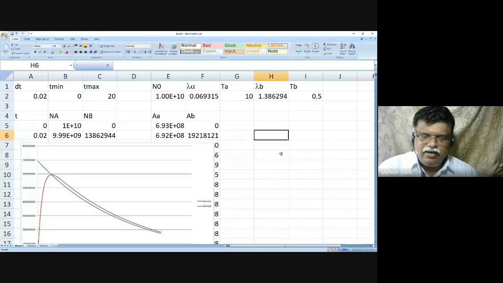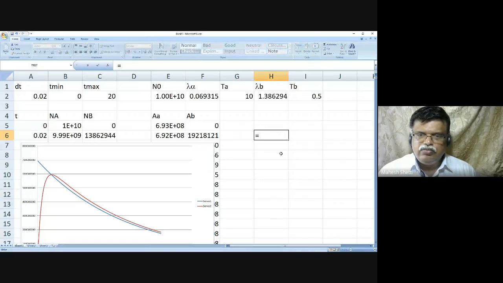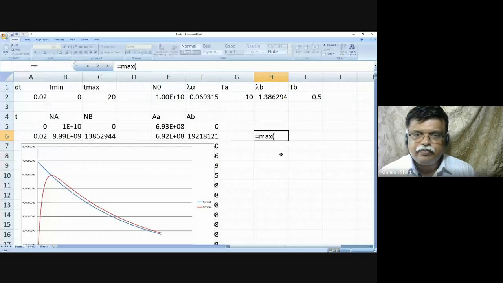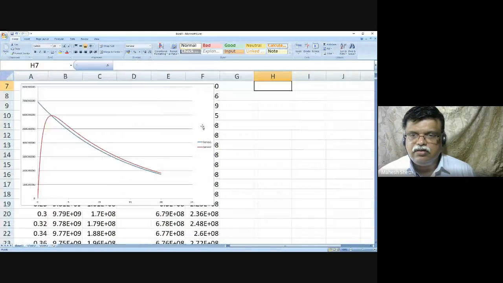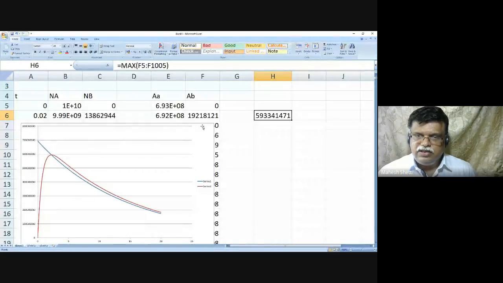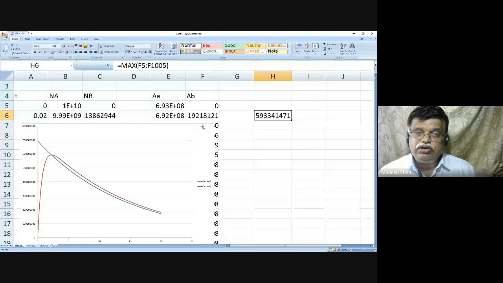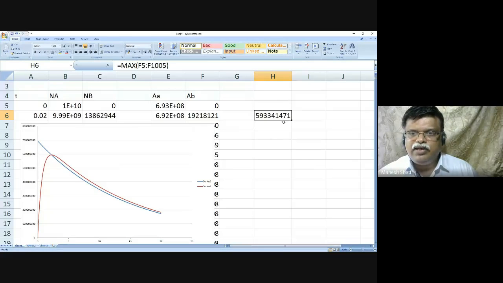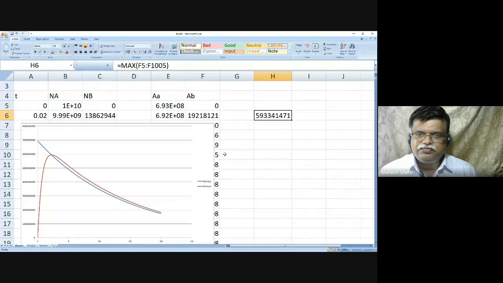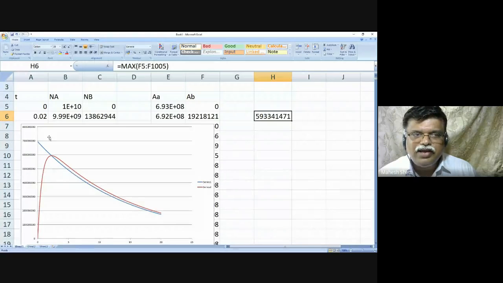Say for example, let me calculate equal to max of this value, and I can also now find out what the index is going to be for that. You learn the index function, so you can give array of T and array of this.